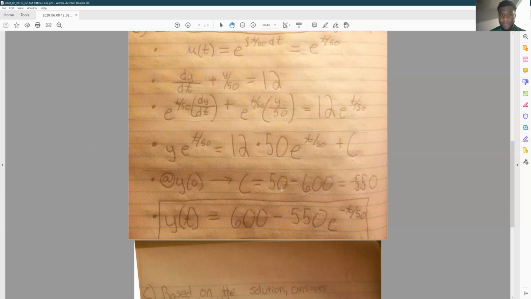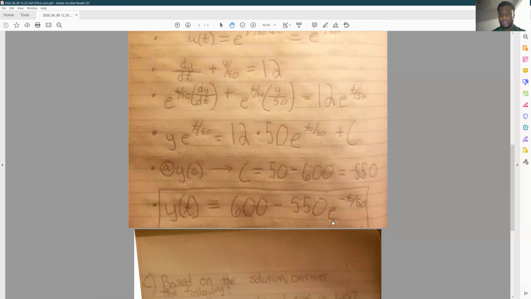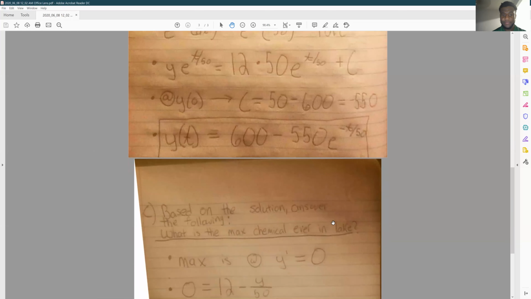So with that negative 550, we can plug that into the formula that we had earlier, the step before. And then we divide by e to the T over 50 on all the terms, which leaves us with Y of T equals 600 minus 550 e to the minus T over 50, which is 550 over e to the T over 50, however you want to say it.